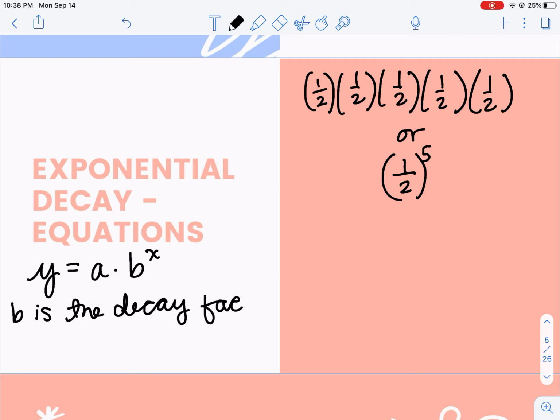And you're probably wondering, well, how do we make it be decay? Well, it has to do with b being between 0 and 1. When we have a fraction that's between 0 and 1 and we multiply it by another number, that number gets smaller. And remember, decay is all about things getting smaller.